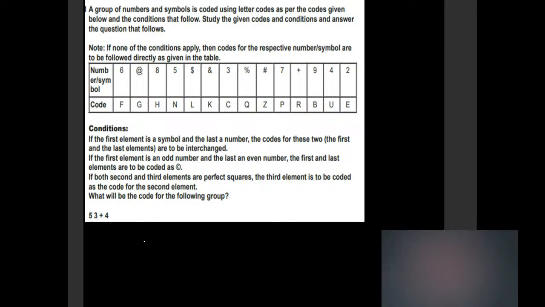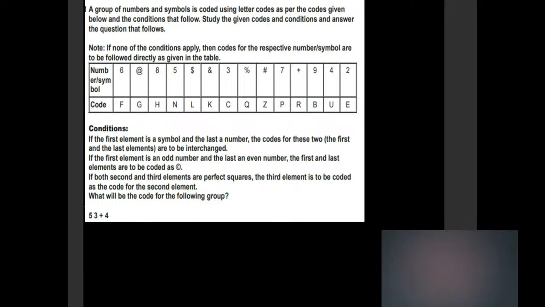Next one, ninth question. This question comes under coding decoding. Certain conditions are given.